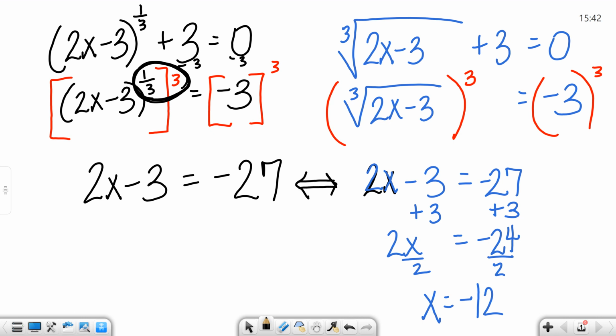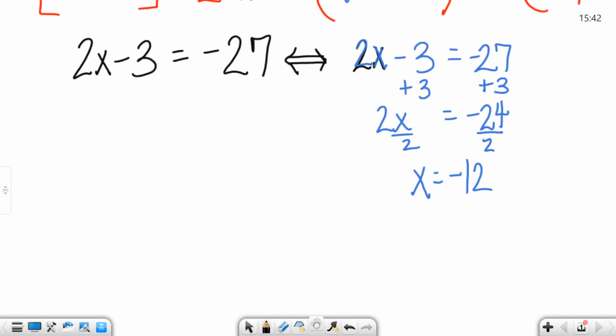Okay, so if you want to make it look like a radical, that's fine. If you want to leave it as a rational exponent, that's fine. Whichever your mind understands the best. And if I solve this, obviously I'm going to get x equals -12. So now I'm going to check my answer and make sure that x can equal -12. So I go back to the original problem.